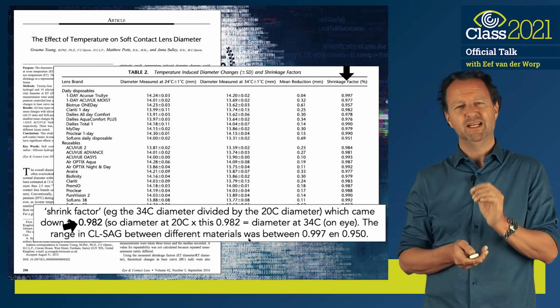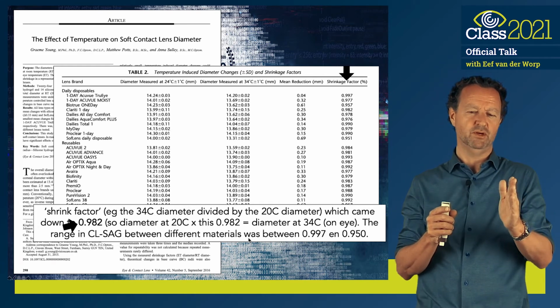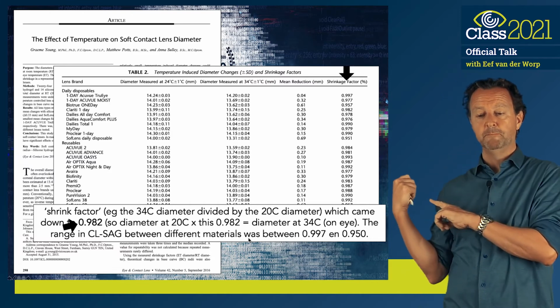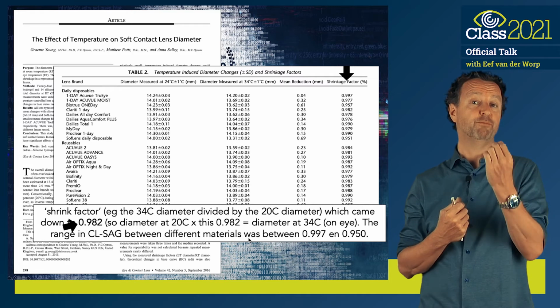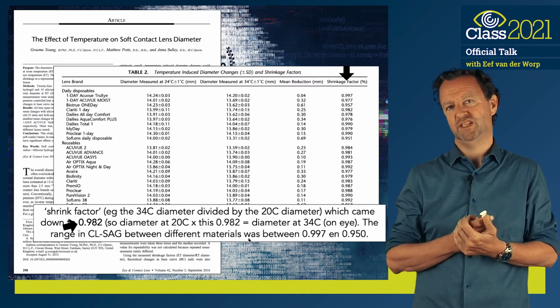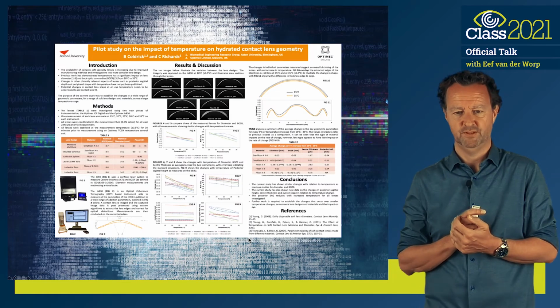So actually it's not that huge. There was some variation between materials though, so some materials have more and others have less, as you can see, up to 0.95. So 0.95 would be a 5% reduction, and 0.99 would mean less than 1%. So there is a range between different materials.